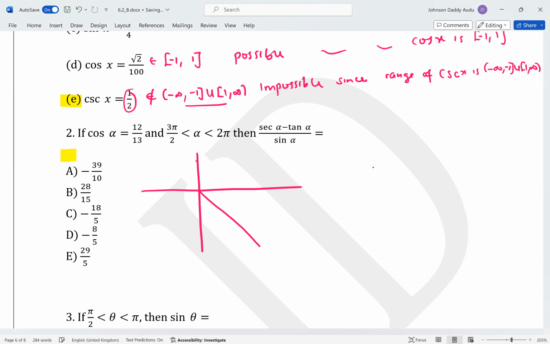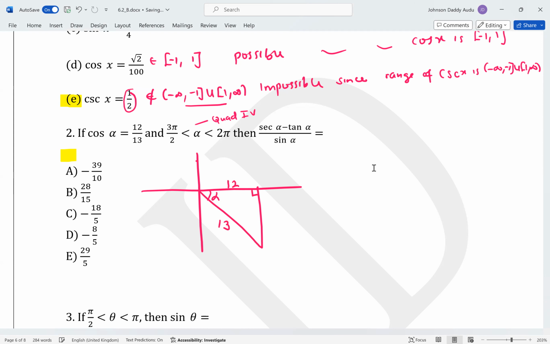So in the 4th quadrant, we just need to draw because here alpha means quadrant 4. So this will be our alpha. Cosine alpha is 12 over 13. It means cosine alpha is going to be adjacent over hypotenuse.